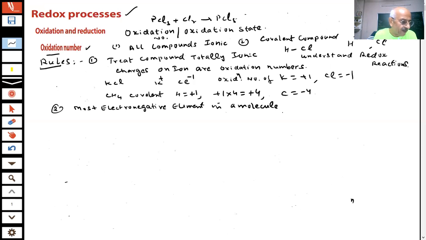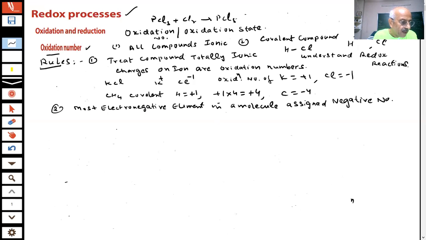What we are saying is, the more electronegative element is assigned a negative oxidation number. These are the rules which we will be using for finding the oxidation number. So if a specific element has higher electronegativity, then it will be given a negative oxidation number. We are going to take many examples to show you all this.